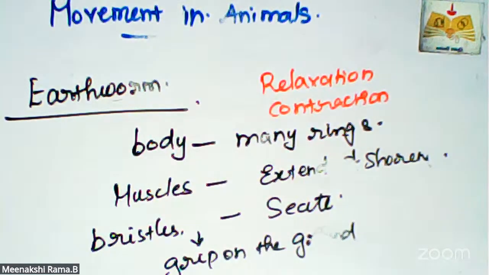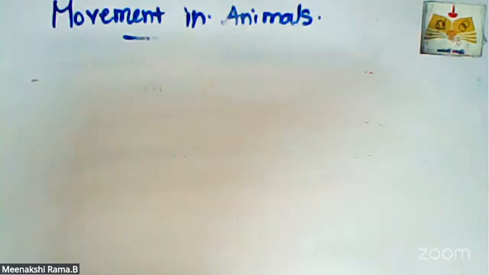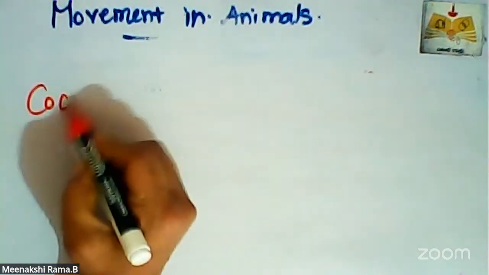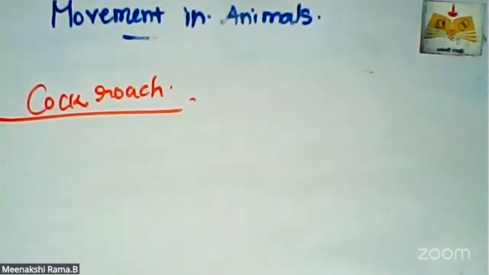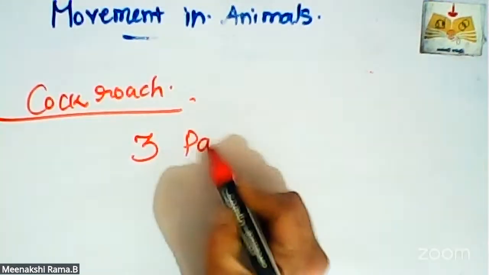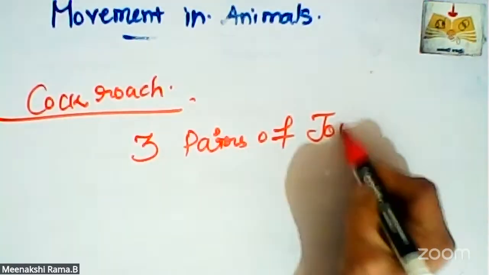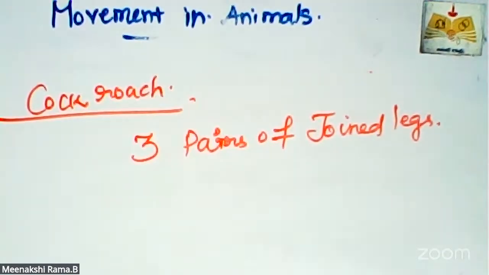And the next one is the cockroach. The next animal is the cockroach. So the cockroach has 3 pairs of jointed legs.